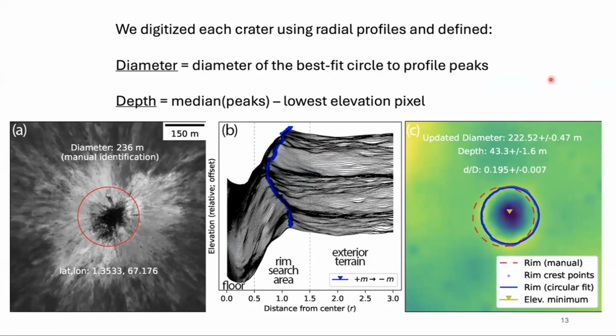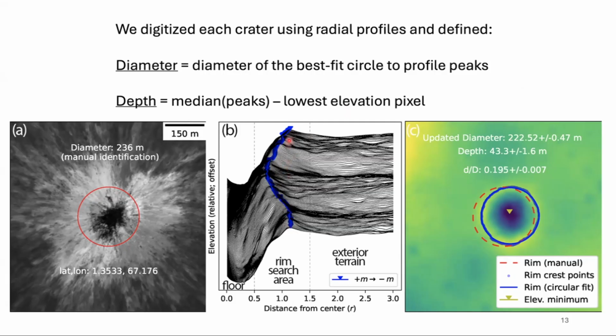But so what we're doing is using radial profiles, and we draw radial profiles out from the center of the circle and find the peak position along the profile, which is determined as a point where the slope changes from positive to negative in the outward direction.